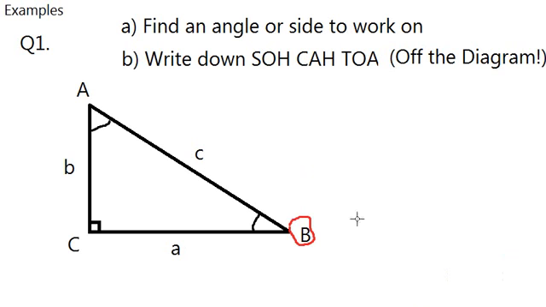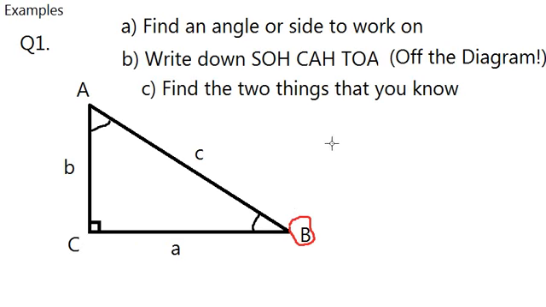Then we can go back to our 3 clues. First of all, this method only works on a right-angled triangle, because that is the only clue that is compulsory for this. So we have the right angle. Then you have to find the 2 other things. So if I want to find angle B, let's say I have side B and side C. So I'll label that green.